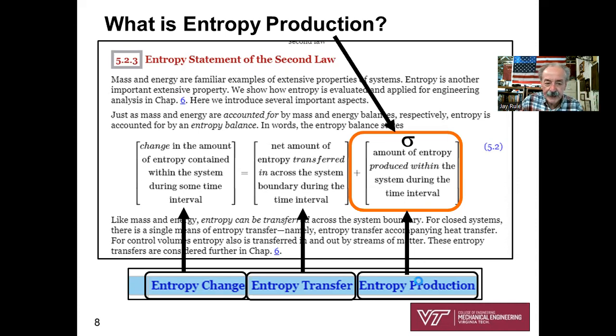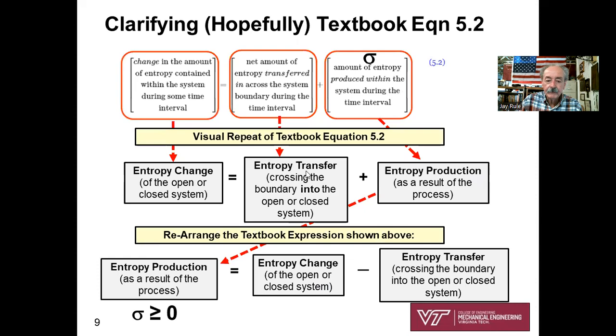So let's move along from that. This is a visual repeat of equation 6.2 in your text, which says entropy change equals entropy transfer as a result of heat crossing the boundary into or out of the closed system, plus entropy production as a result of the process.